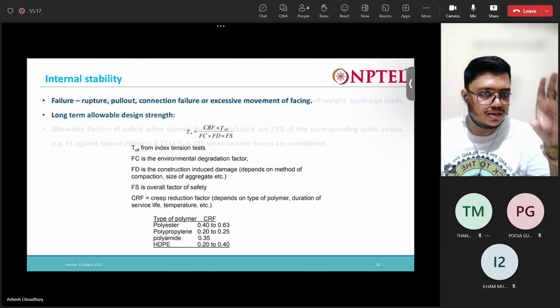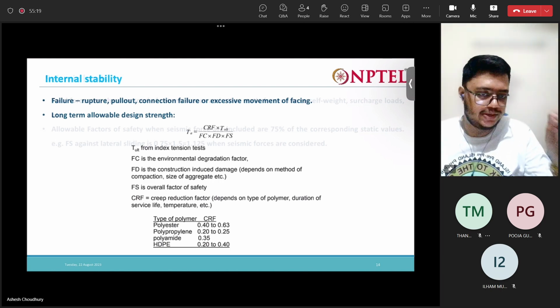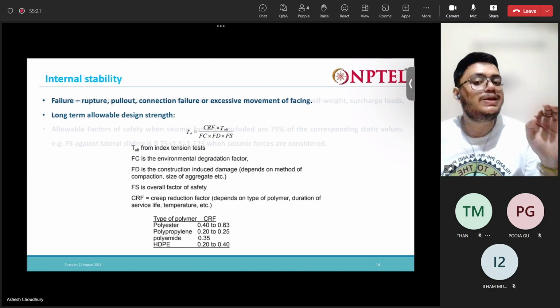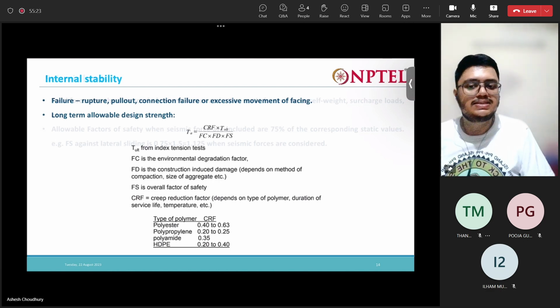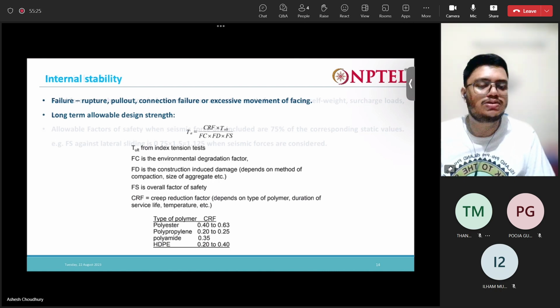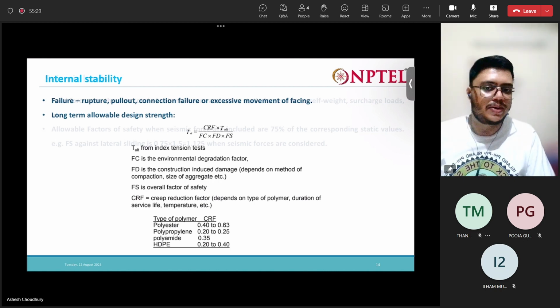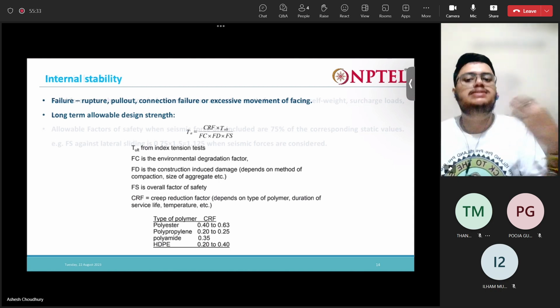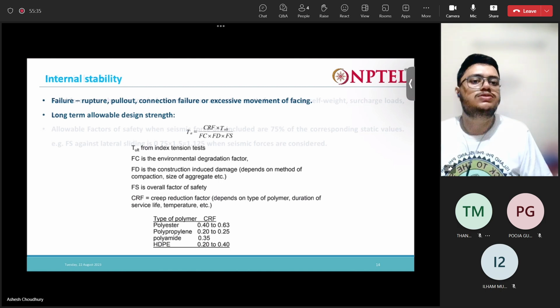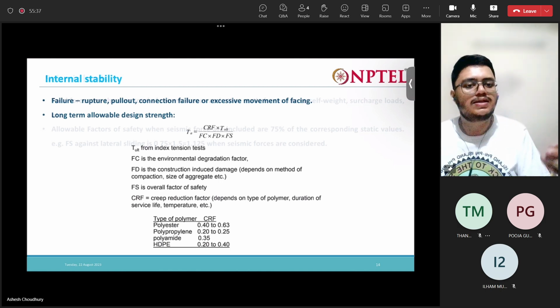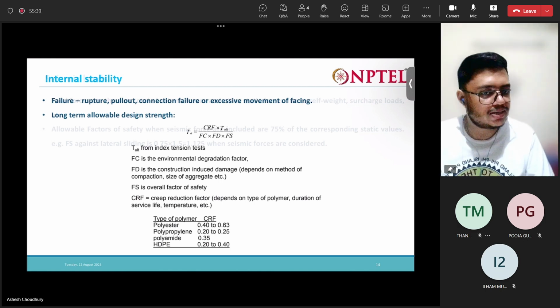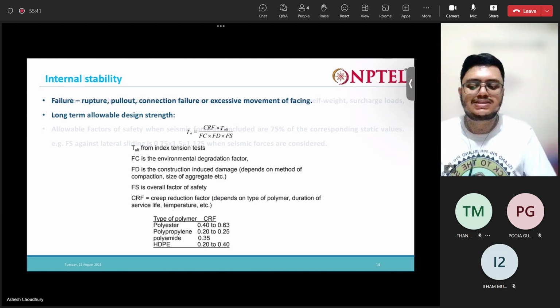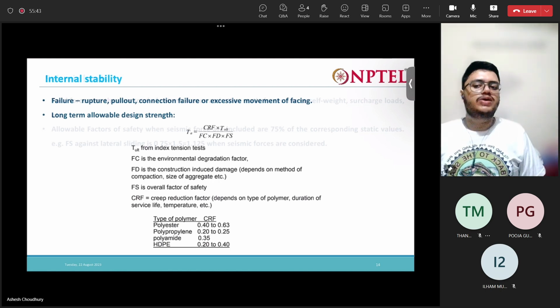Rupture means the force that is acting on each of the reinforcement is exceeding the allowable tensile strength or the tensile strength of the reinforcement. In that case, the oncoming load into the reinforcement is exceeding the strength of the reinforcement, and the rupture of the reinforcement will occur.